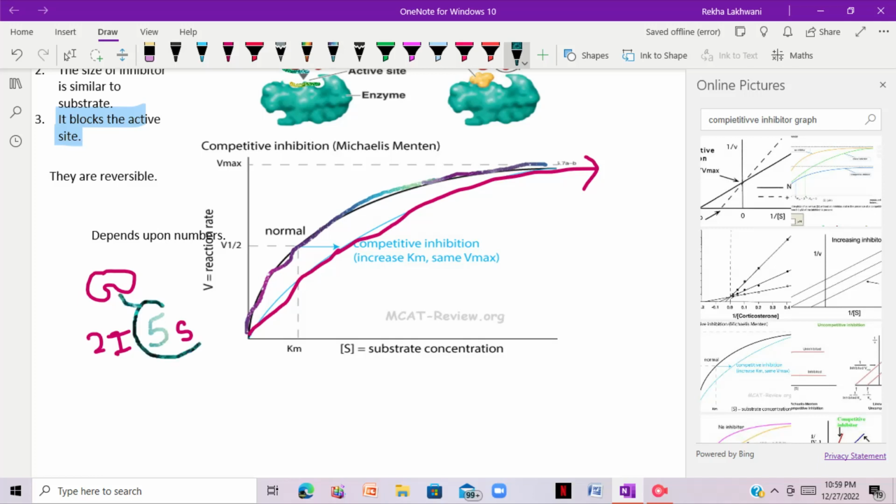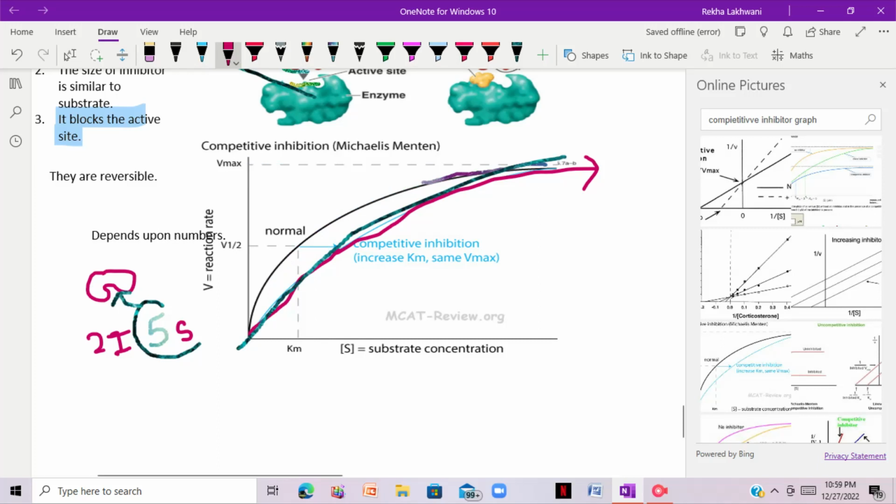Now, at this point there is Vmax. It means velocity is maximum. Now you'll be wondering what is this Vmax upon 2?